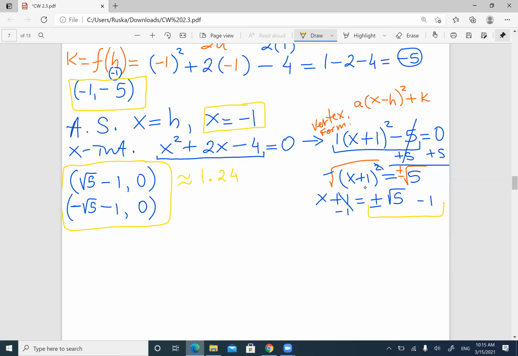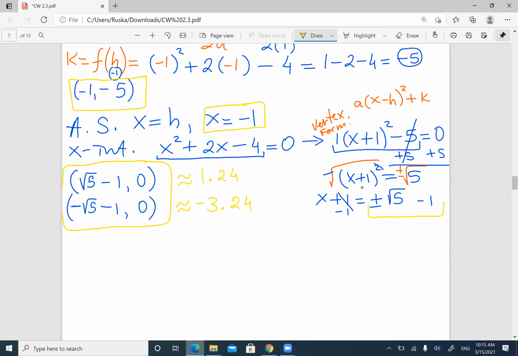I'm going to round it like this. And the other one, when I make it negative square root of 5 and then minus 1, is going to be negative 3.24. So these are the points I'm going to graph.